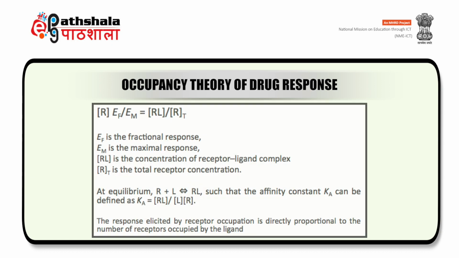The given equation is used to describe this occupancy theory, in which EF is the fractional response, EM is the maximal response, RL is the concentration of receptor ligand complex, and RT is the total receptor concentration. The response elicited by receptor occupation is directly proportional to the number of receptors occupied by the ligand.